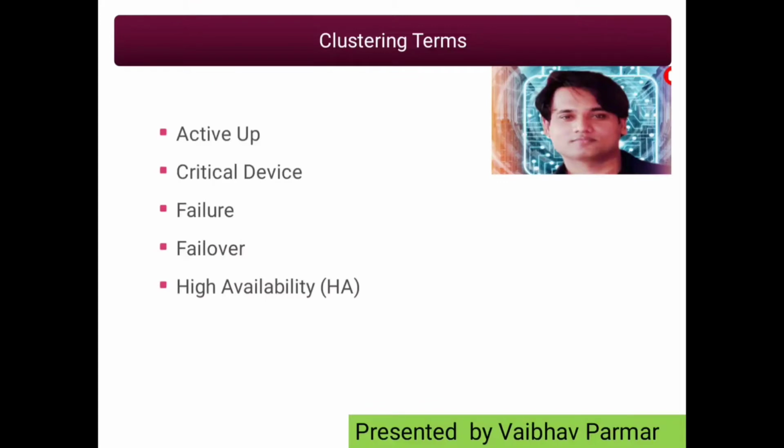Critical device: a device that the administrator has defined to be critical to the operation of the cluster member. A critical device is also known as a problem notification, or pnote. Critical devices are constantly monitored. If a critical device stops functioning, this is defined as a failure.